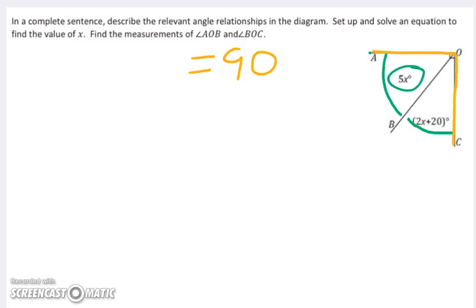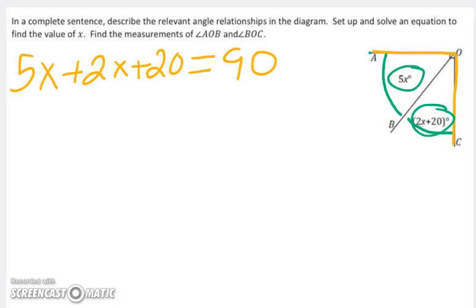That one right there is 5x, so we'll write in 5x. And if we add it with the second angle, that would be 2x. Oh, that's a little sloppy. Let me start again. 5x plus 2x plus 20.